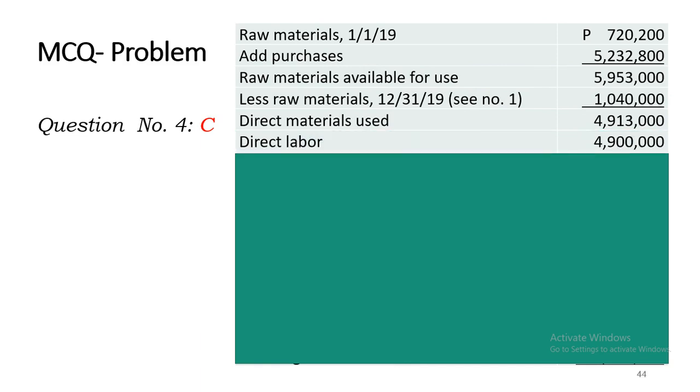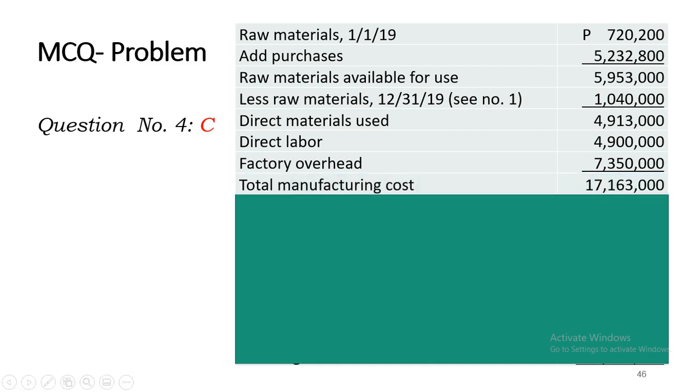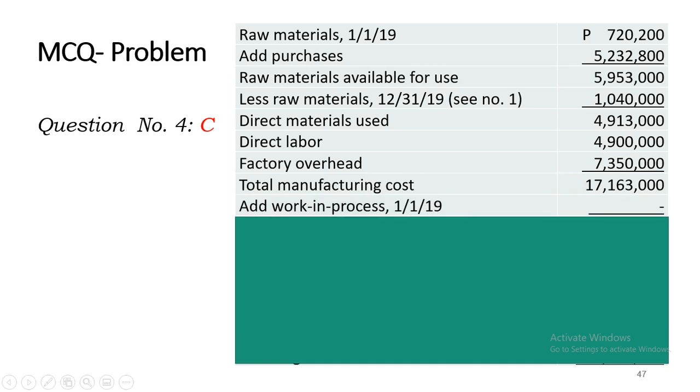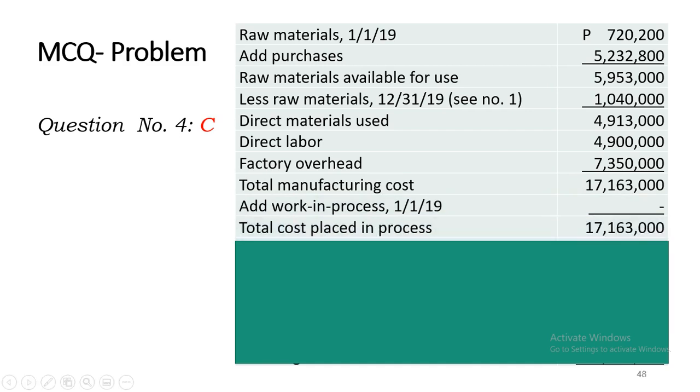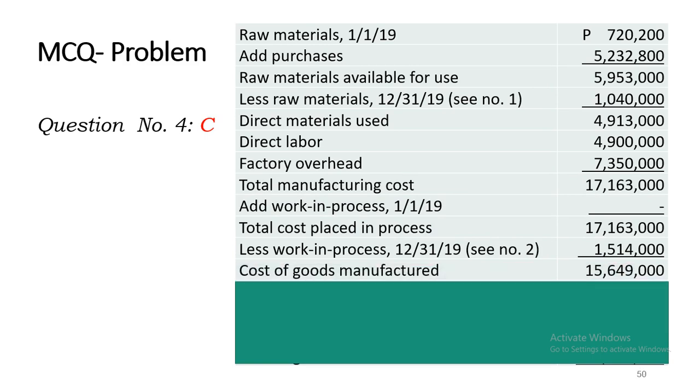And direct labor, factory overhead, the 3 cost elements of the manufacturing cost. Add work in process beginning since 0, therefore automatic total cost placed in process. Less work in process ending as the answer for number 2, and that is the cost of goods manufactured.